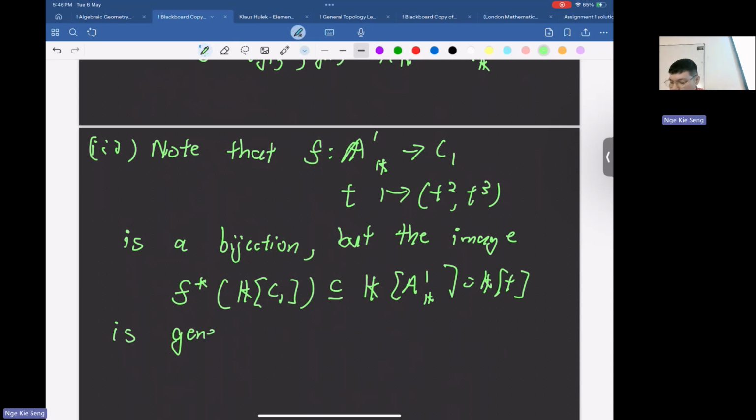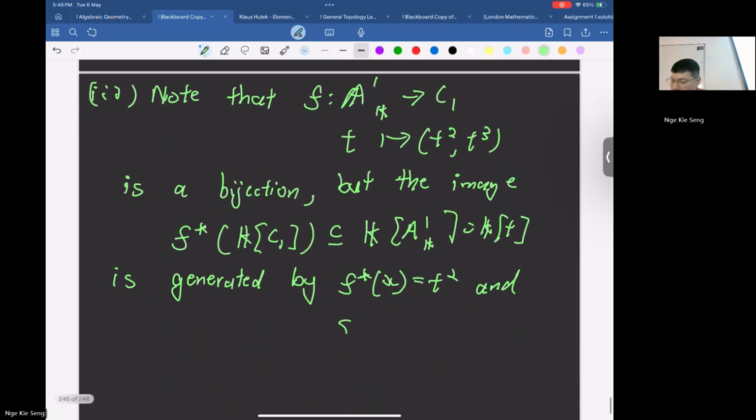But this map here is generated by F star X, which is T squared, and F star Y, which is T cube. Okay, so what?